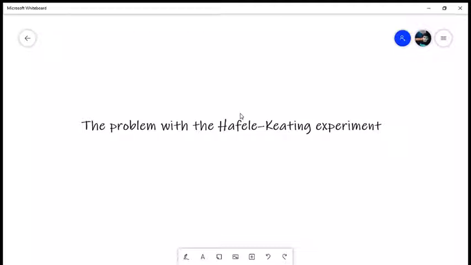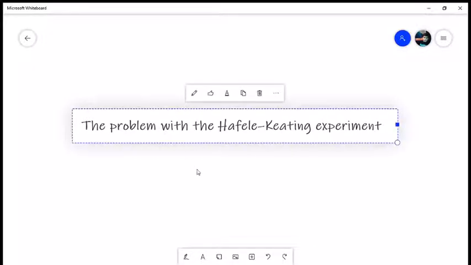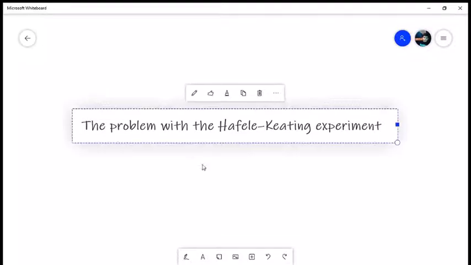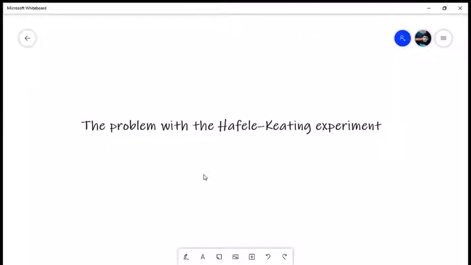So, now that we have said that light cannot be constant for all frames of reference from the previous video, that means that Einstein's time dilation is wrong. But what about this experiment and some others that have been done to prove special relativity and time dilation?